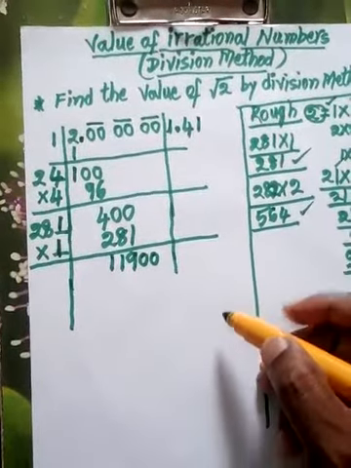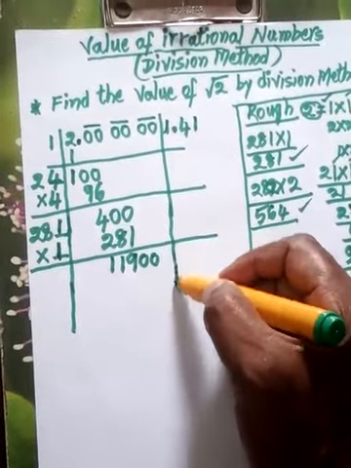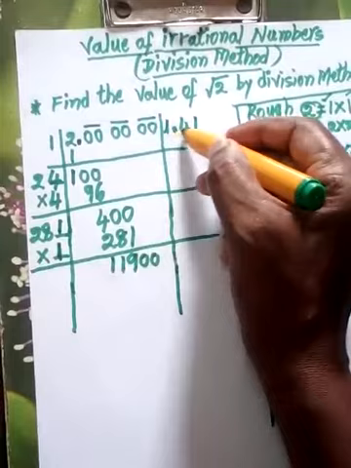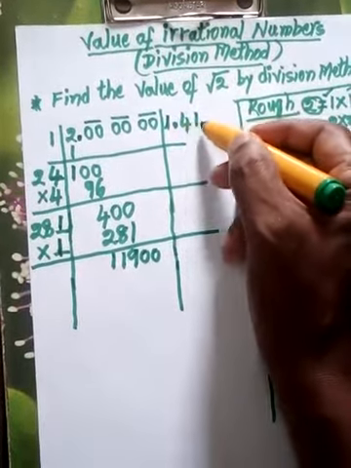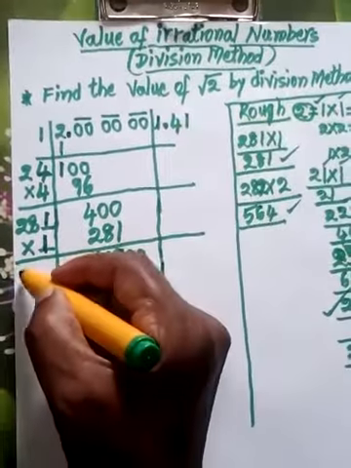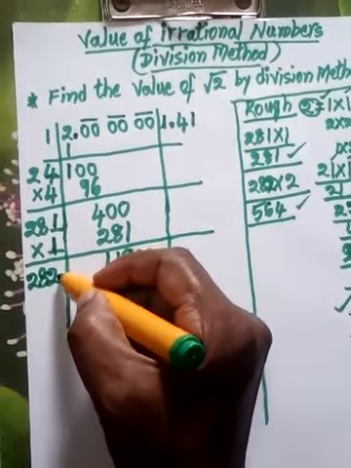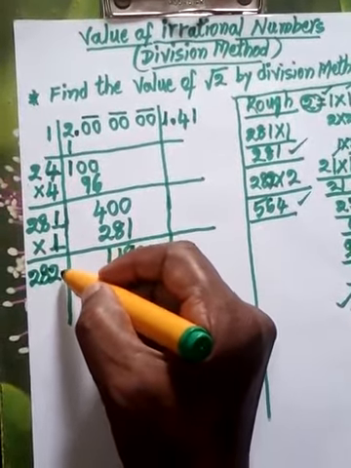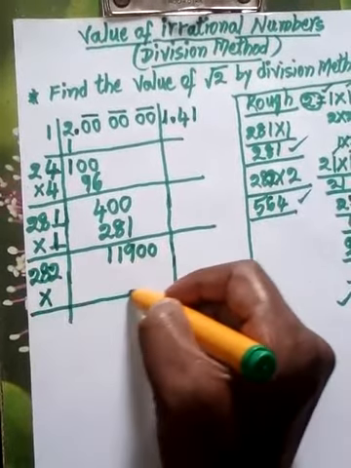So after that we bring down another 2 zeros. So this became 11,900. Again we have to double the quotient. Double means we add 141 to 141. So if we double 141, that becomes 282. After that we leave some place to write another number and multiply with the same number.